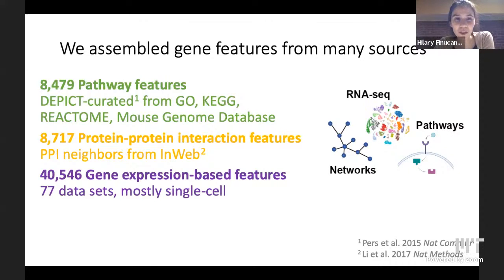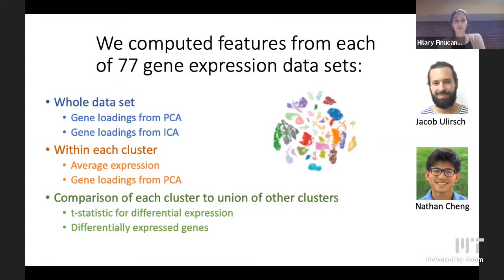And then the tricky part was gene expression-based features. So this might be one slide of inside baseball for people who think about gene expression. But there's lots of information about gene expression in a lot of places. And Jacob and Nathan in the group downloaded 77 publicly available gene expression data sets. Most of these are single-cell RNA-seq from a variety of different tissues and systems, all publicly available.